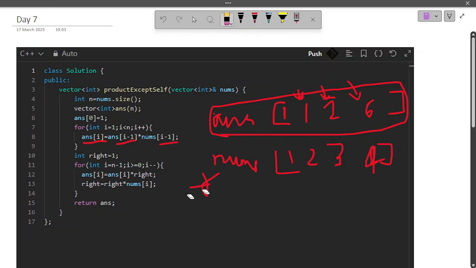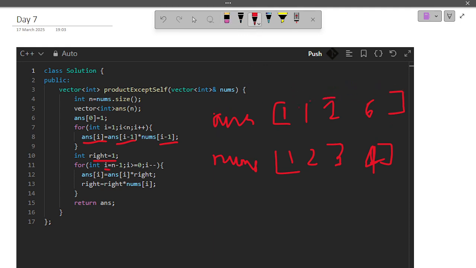You understand what I am saying? So basically what we do, we take a right which is 1 and we multiply it with answer of i, where i goes from here, and we multiply right into this.